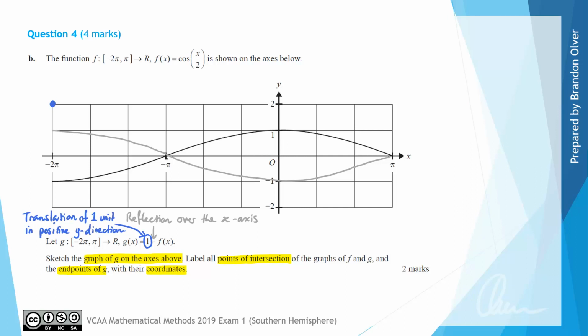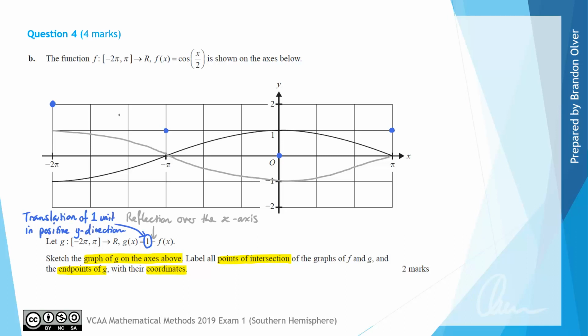This point here that was at negative pi, 0 is now going to be at negative pi, 1. A point that was down here at negative 1 is now going to be at 0, so it will go through the origin there. And this endpoint at pi comma 0 is now going to be at the point pi comma 1. So that's another coloured in dot because there's a square bracket on our domain.